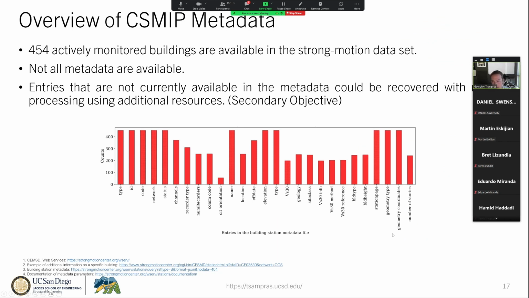Now, we first want to understand what metadata is available to us apart from the acceleration data, and you can see that among the approximately 450 buildings that are monitored, we have a wealth of data, not consistent in number, but for instance, we can see what type of seismic force resisting system we're working with, or how many stories, and so on.